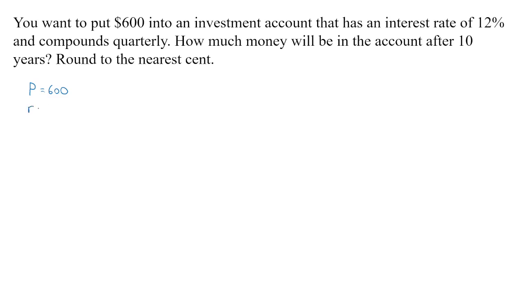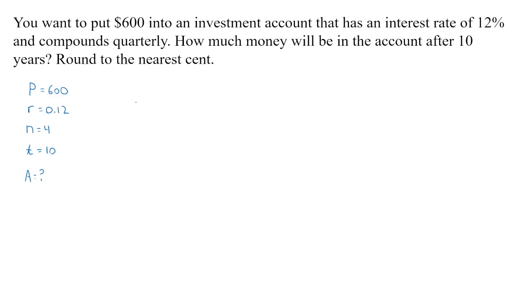The interest rate is 12%, and we're going to go ahead and change that into a decimal, which is 0.12. Compounds quarterly. That means N is 4. T equals 10 years, and we are looking for A.